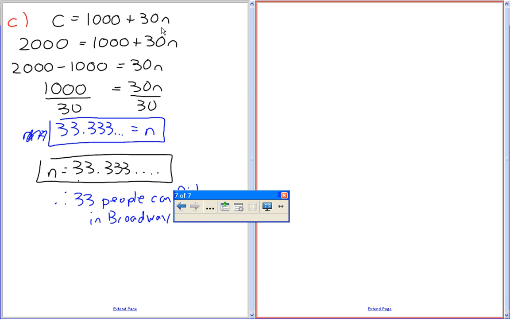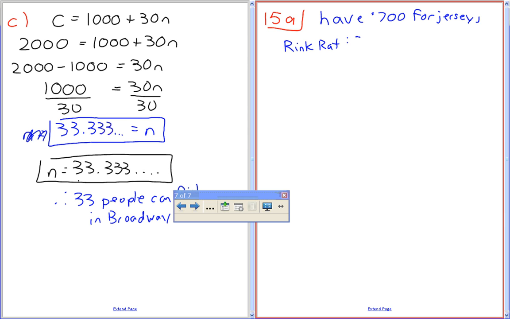Okay. So 15A says you have $700 for jerseys. Rink Rack is $40 each, plus a $75 logo fee.